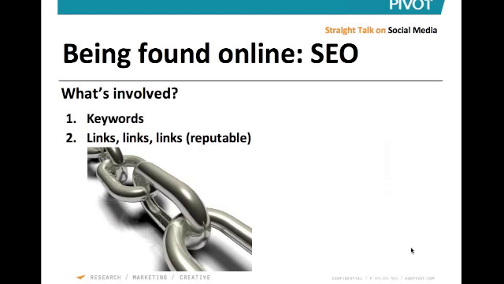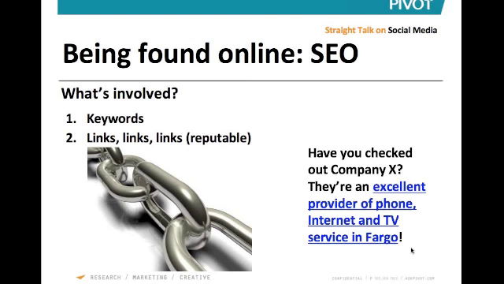Ideally, in a perfect world, the best backlink you can have includes your key phrase. So for that example of that Fargo Telecom, if this link, which you see on the right here, appeared on another reputable site, like for instance the Fargo Chamber of Commerce, that would be excellent for the Fargo Telecommunications provider. And then the keyword phrase that you can see here, excellent provider of phone, internet, and TV service in Fargo.